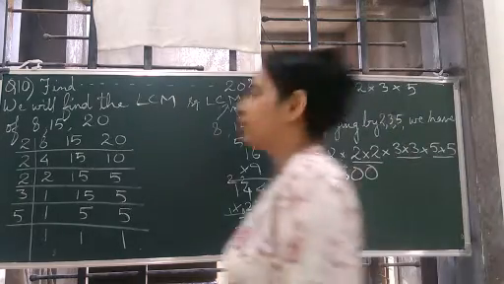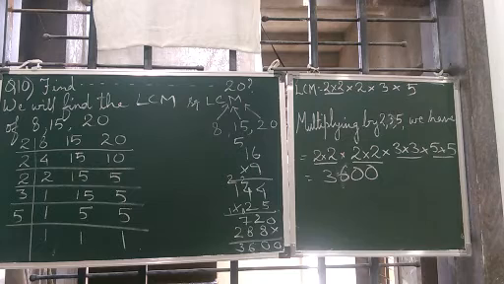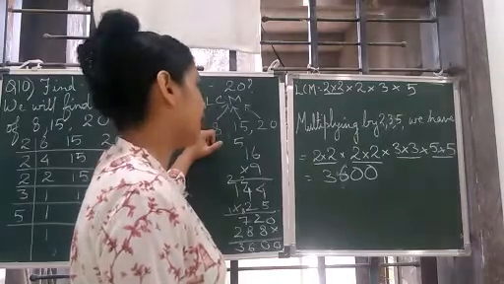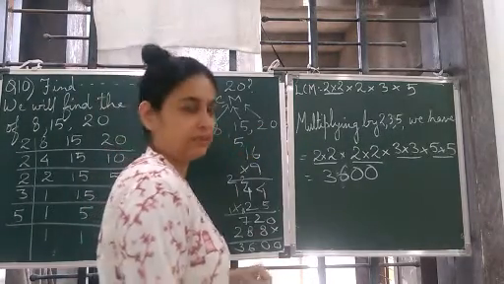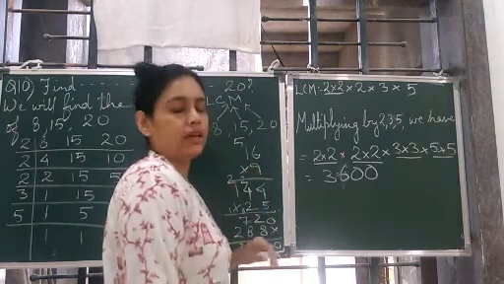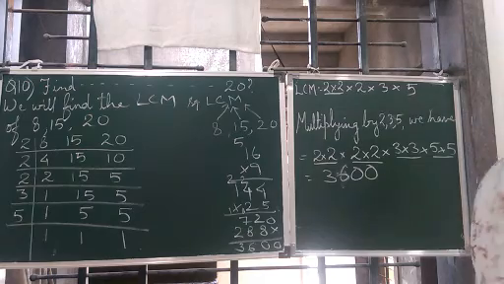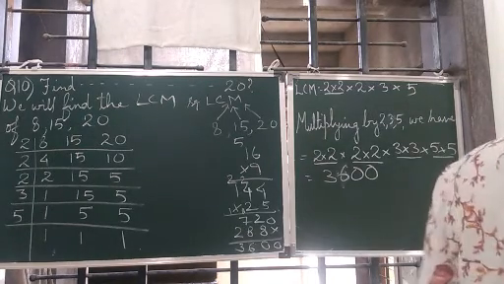The smallest number is 3,600, which is a common square and a multiple of these numbers, which means it is easily divisible by 8, 15 and 20. So this completes exercise 6.3.